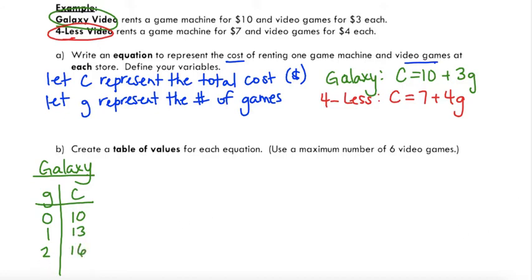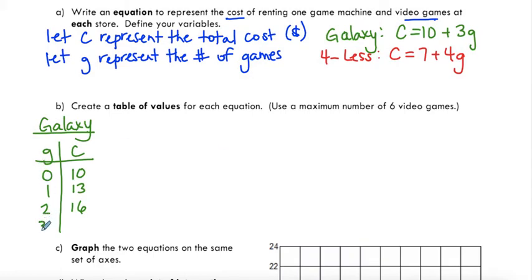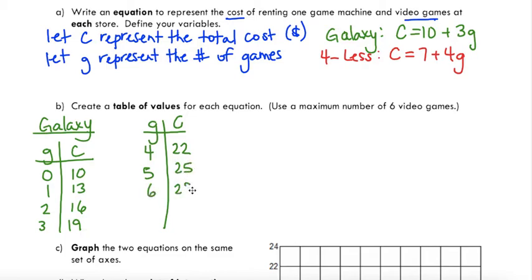I can keep going. 3 games would be $19. I'm going to continue my chart over here. 4 games, I'm going to add another $3 to this to get $22. 5 games would be $25. And 6 games would be $28. So after I have my initial amount, I'm adding another $3 for each of those games.